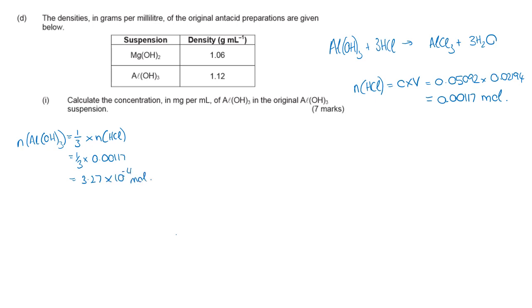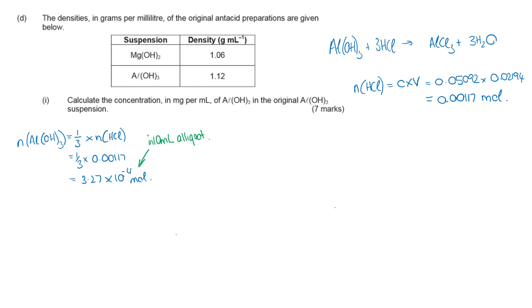So we have our moles of aluminium hydroxide. Okay. Now, this value here, that is in a 10 mL aliquot. Okay. What we need is what is the concentration of the original suspension.